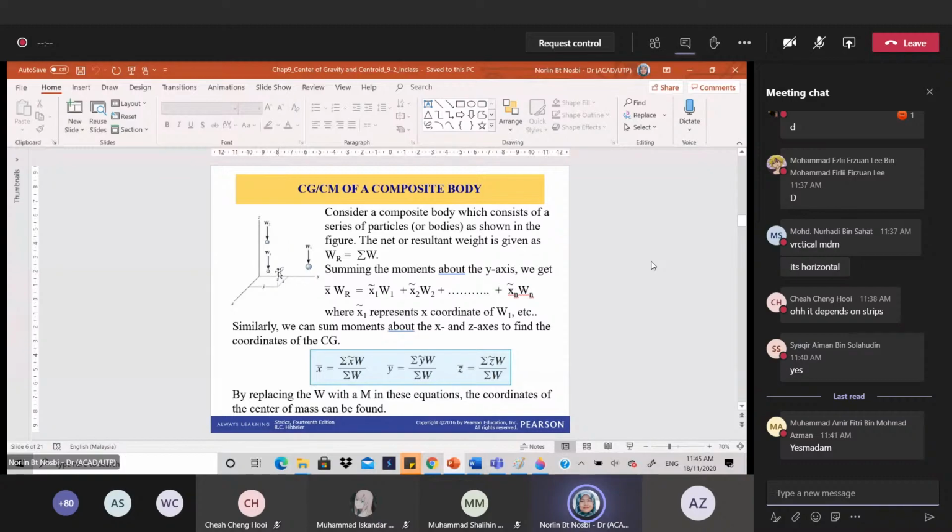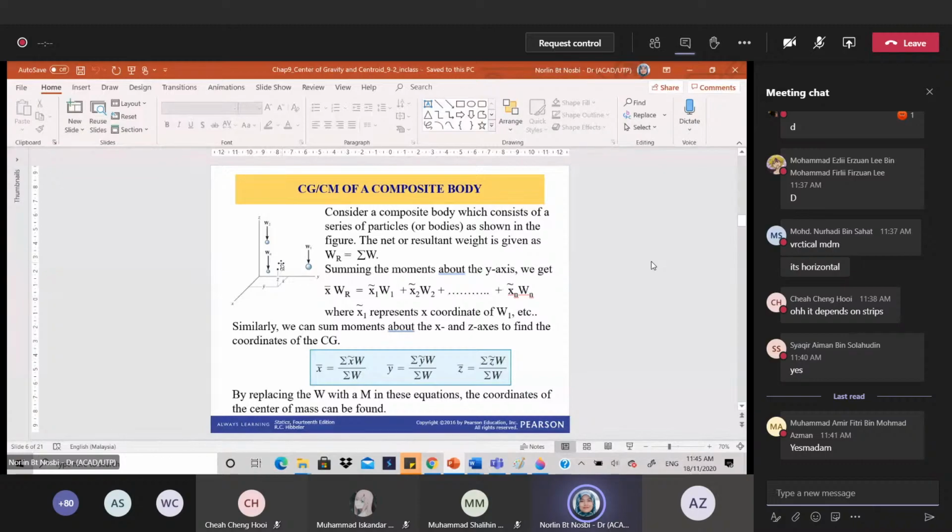So the center of gravity is outside. It is not at the middle of each particle. It is outside of these 3 particles, at point G here. So you need to locate the point G.